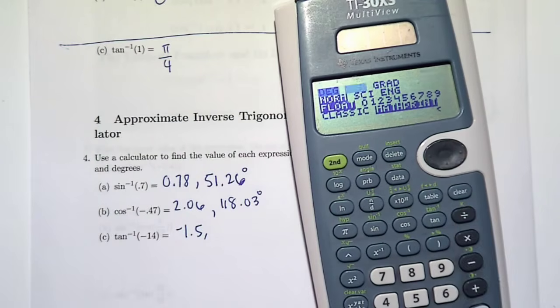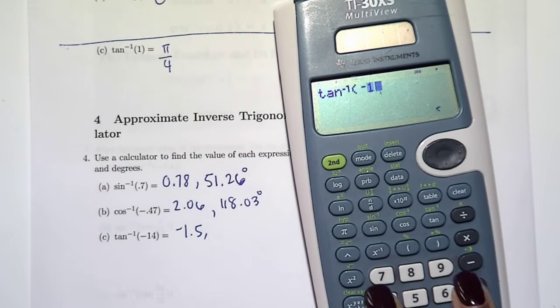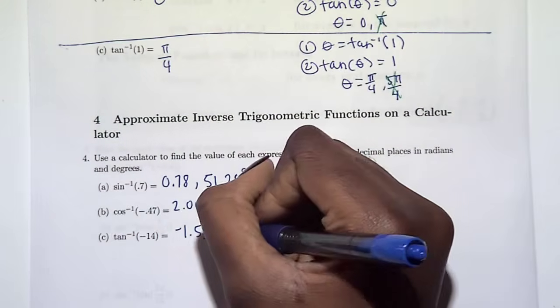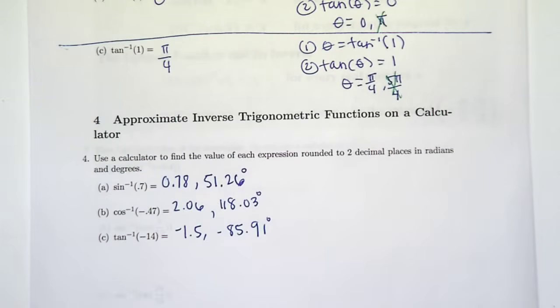And then if I switch back to degrees and do tangent inverse of negative 14, that's going to give me negative 85.91 degrees. Okay, so make sure you're able to navigate your calculator for this.